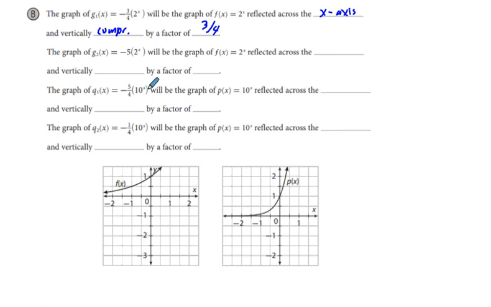So that's what we have in these here. This next one, we have this graph reflected across the x-axis again. That is what the negative sign does. And we vertically, in this case, stretch by a factor of 5. Okay, let's go on here.